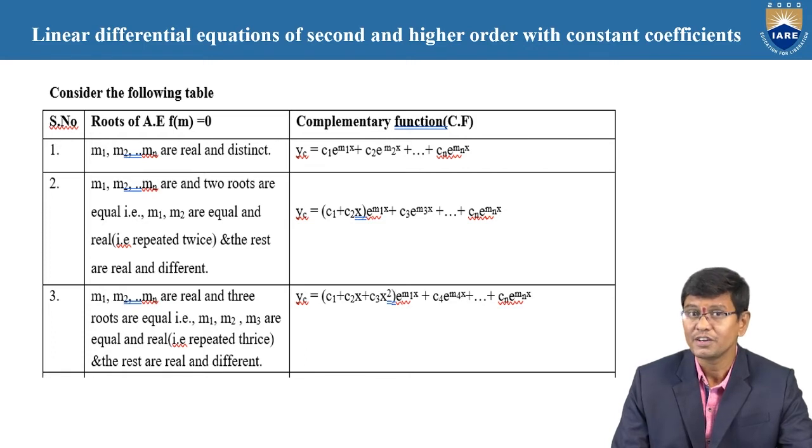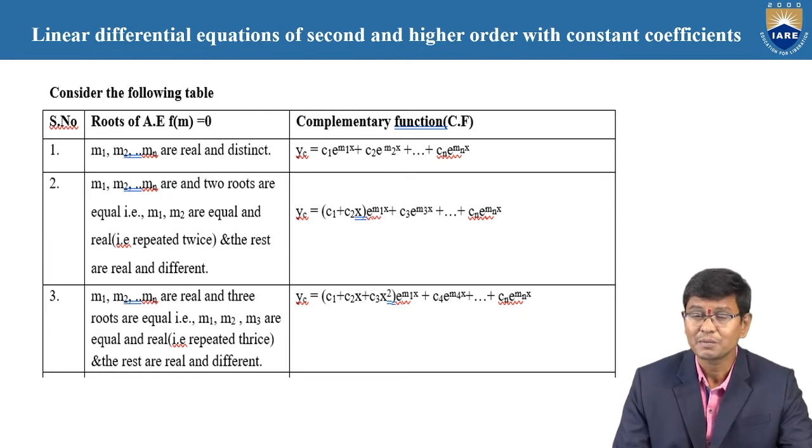For example, if two roots m1 and m2 are equal and the remaining roots are different, then you assume yc = (c1 + c2 x) e^(m1 x) + c3 e^(m3 x) + ... + cn e^(mn x).